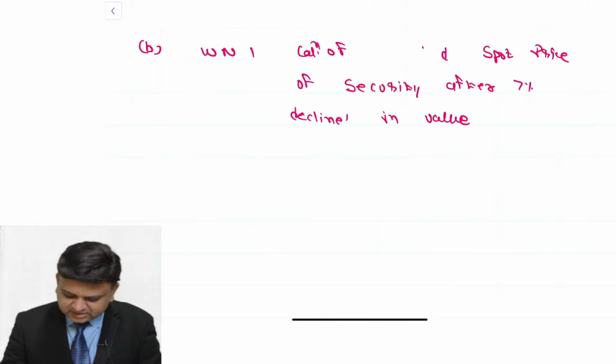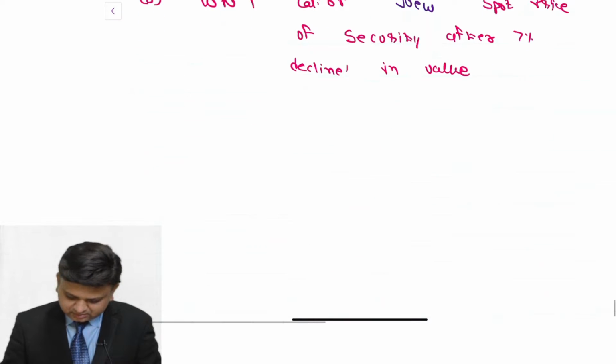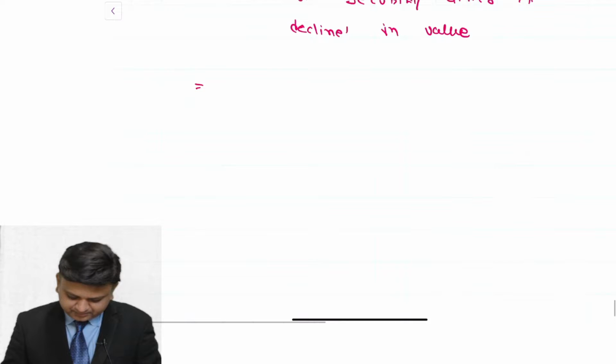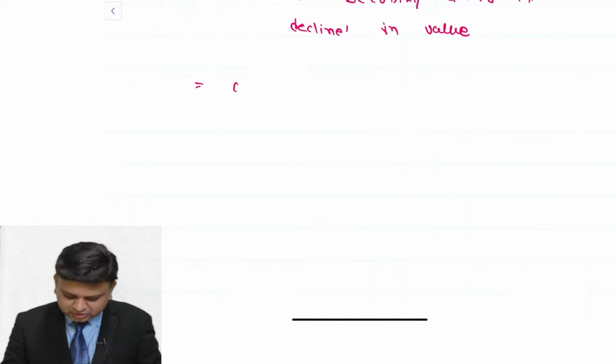Instead of revised, just write down new spot price. New spot price. So it is current price minus reduction.